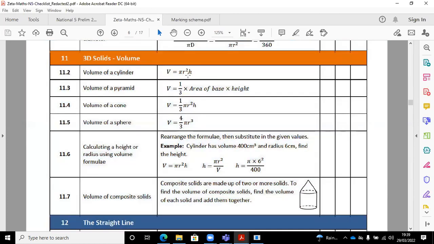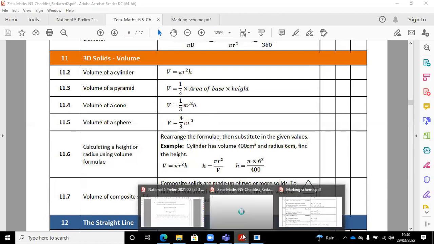The area of a circle is pi r squared. I expect you to know that because you use it for working out sectors. Work out the cross-sectional area, then multiply it by the height to get the volume of the cylinder. So, good spot. You don't get volume of a cylinder, but you get the rest.